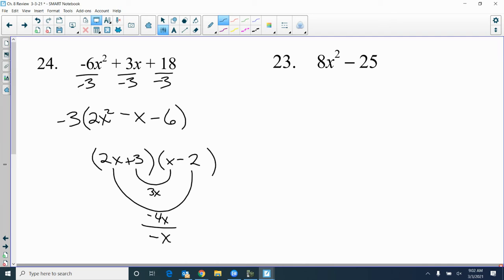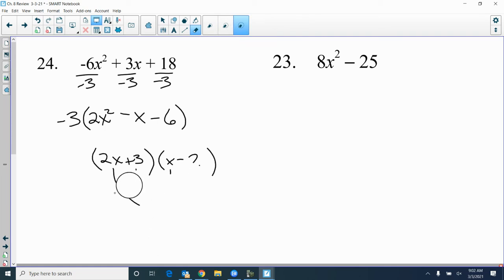So I'm done with my factoring. I've done this correctly. There's only one small thing I need to do in order to answer this correctly. You need to bring down the -3. I need to bring down that negative 3 that I factored out initially. That's it.